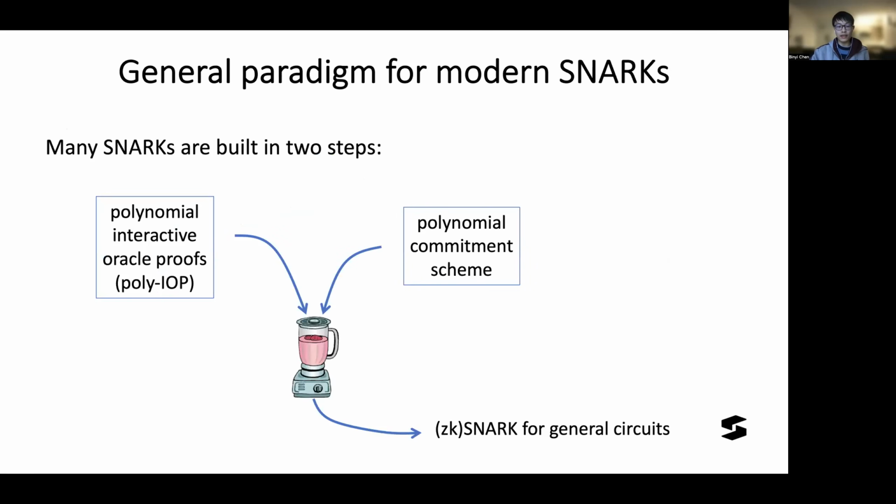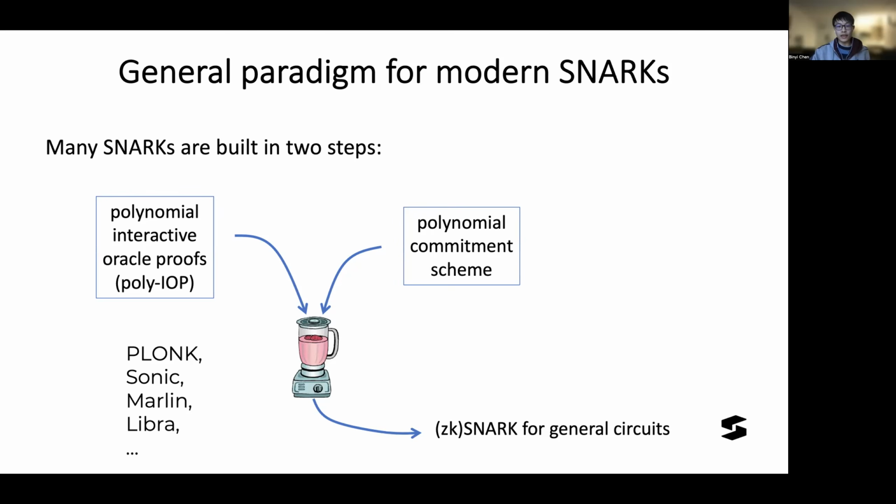I want to say that many recent SNARKs were built using the following framework. They start by designing an interactive protocol in the ideal world called a polynomial IOP, and then they compile it. There are many examples like Plonk, Sonic, Marlin, Libra, and many more. They all fall into this category of poly IOP protocols.